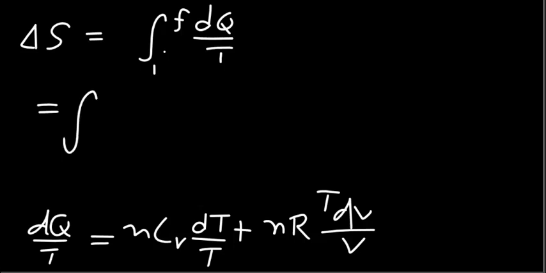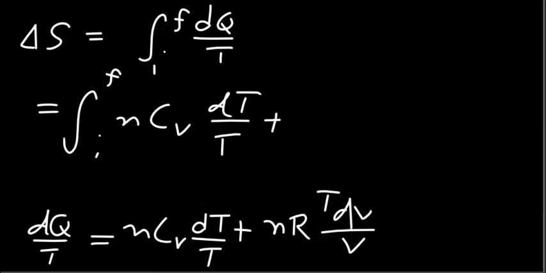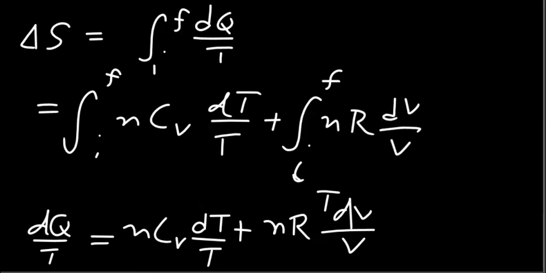You'll get two integrals. The first is the integral in temperature, nCV dT over T, and then you have this second integral, from the initial to the final state, of nR dV over V.